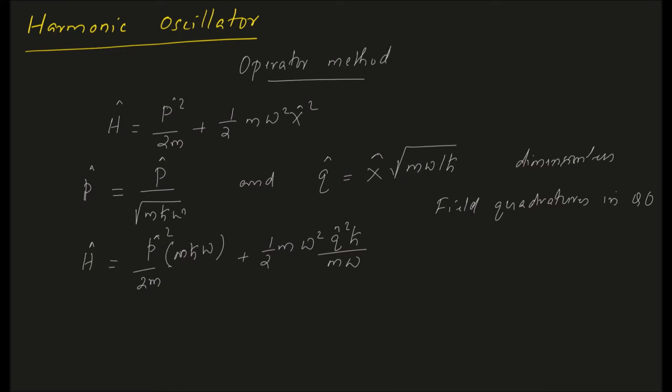So you can see that the Hamiltonian is basically h cross omega divided by 2 into small p square plus q square. Okay, so let's put some numbers. So this is our equation number 1, this is equation number 2, and this is 3.